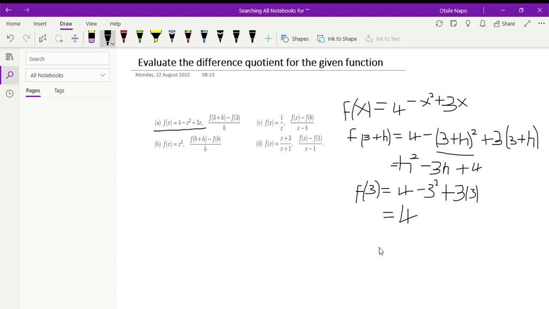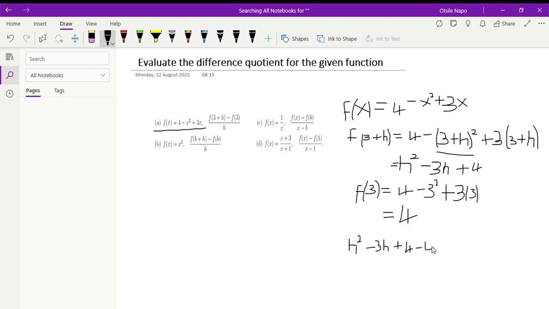Then we are having our top part, whereby we are having h squared minus 3h plus 4 minus 4, because we are having a negative sign from the formula.